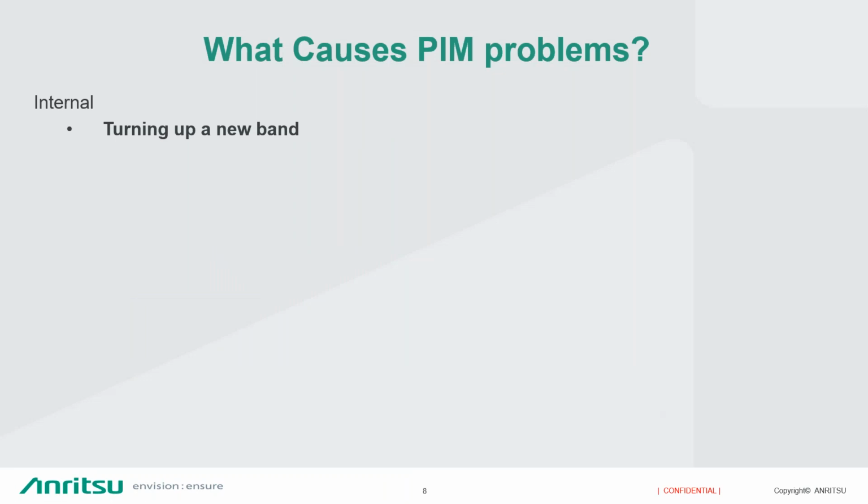If you look at the practical aspect of what causes PIM problems, there are two classifications. One is internal. One of the things that's internal, that's probably the number one thing that can cause a PIM problem, is if you turn up a new band in your network. Turning up a new band, you install a new radio, maybe you're installing new cables, and you have another transmitter in a different frequency where you didn't have that transmitter before.